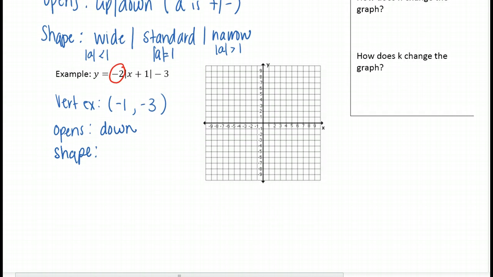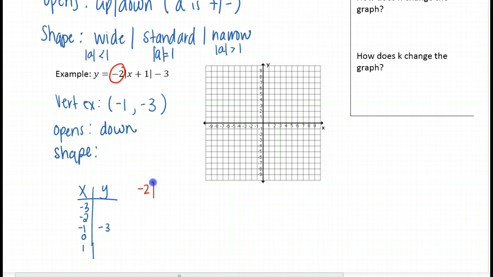So if I want to graph this, I'm going to use a table once again. I like to start with my vertex. I have negative 1 and negative 3. I like to choose a couple x's smaller, like negative 2 and negative 3, and a couple x's bigger, like 0 and 1. And then we need to plug those values in, substitute that x value in.